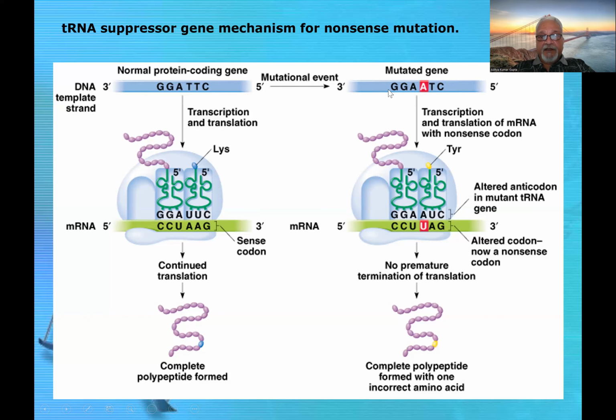Out of TTC, one T is converted to A. It becomes ATC. Okay, ATC. So after transcription, you have this mRNA formed, which is having this mutated information. Instead of AAG, you have UAG. Okay. Now this is the defective one.